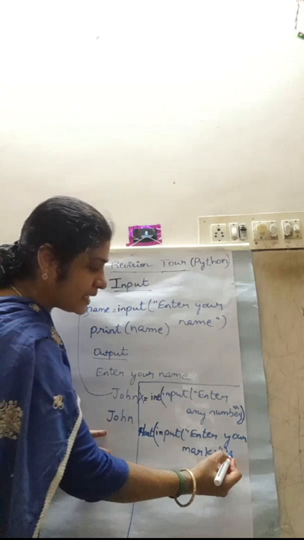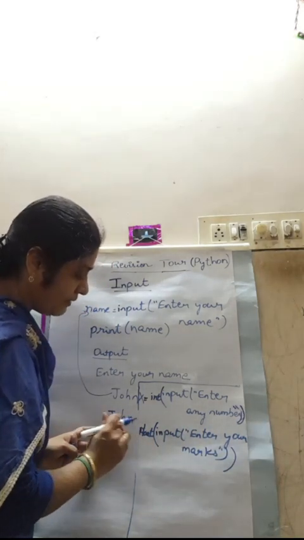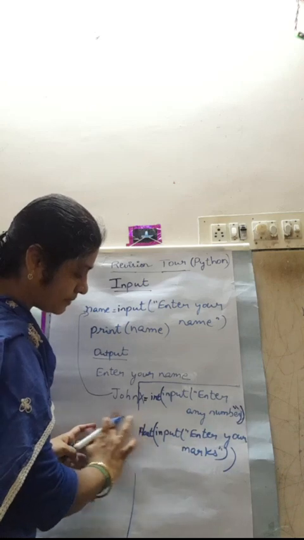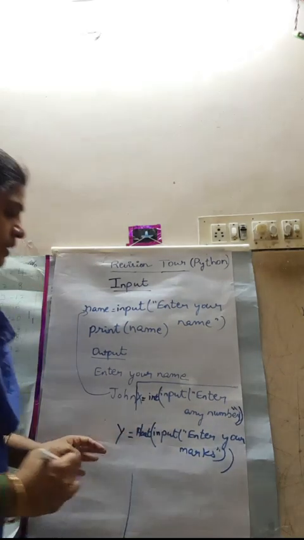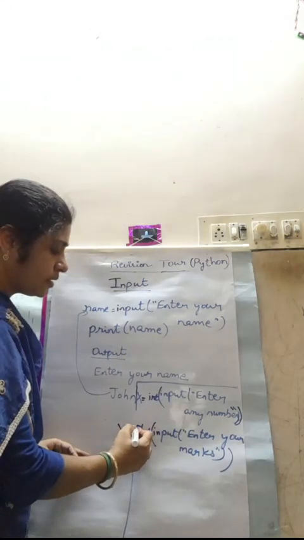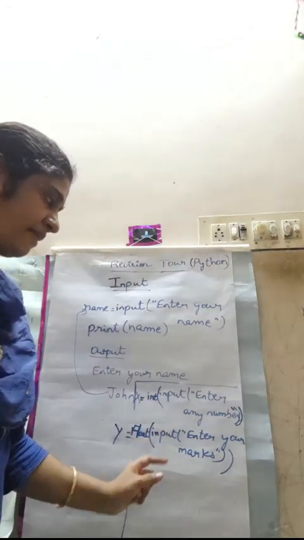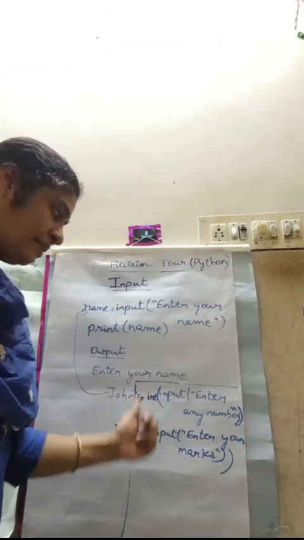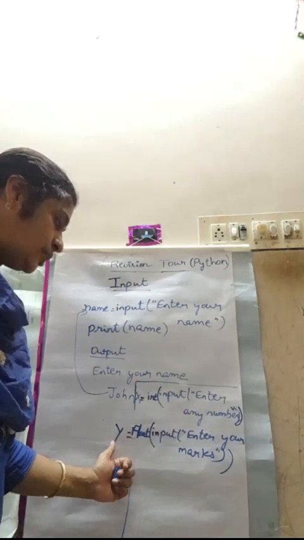You convert this into float and you store it in a variable. I just write y is equal to this. Whatever value I am taking from the user, I am converting it into float, and that is getting stored in y.